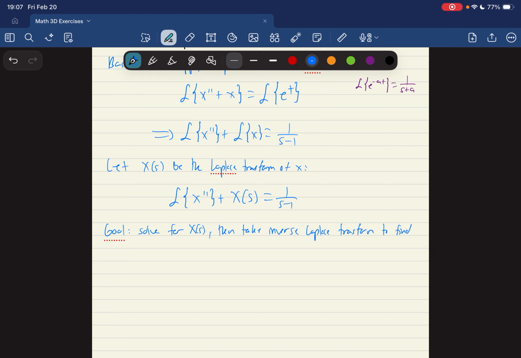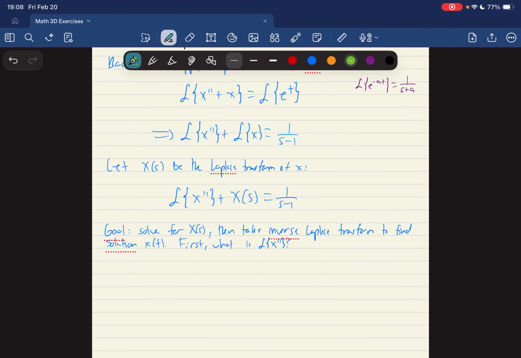But we can't do that yet because we don't know what L of x double prime is. First, we need to determine the Laplace transform of x double prime.